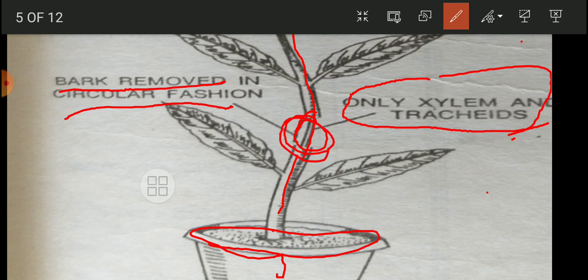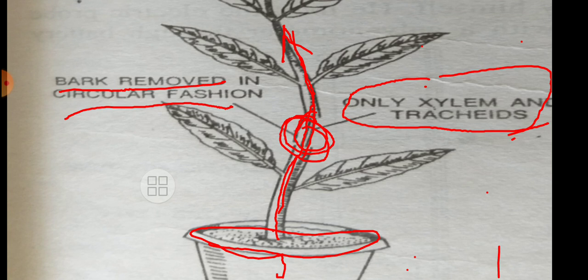We have circularly removed the bark, and only the xylem, vessels and tracheas are kept intact, and definitely the ascent of sap takes place. So this experiment proves this, and it is known as the ringing experiment, because we have removed a ring, a circular portion of the stem from the potted plant.